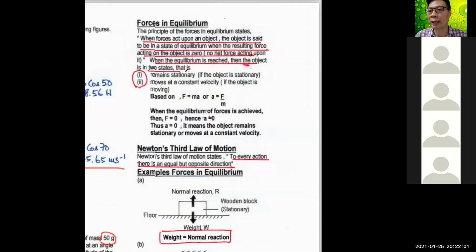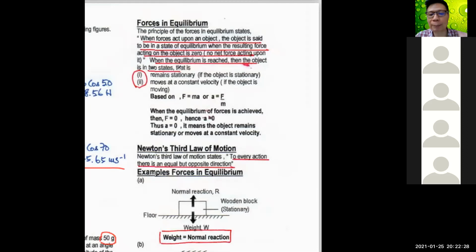When they are in equilibrium, there is no net force, no resultant force. When the object is in the state of forces in equilibrium, the object either stays static, not moving, stationary, or the object is still moving but with constant velocity, no acceleration.